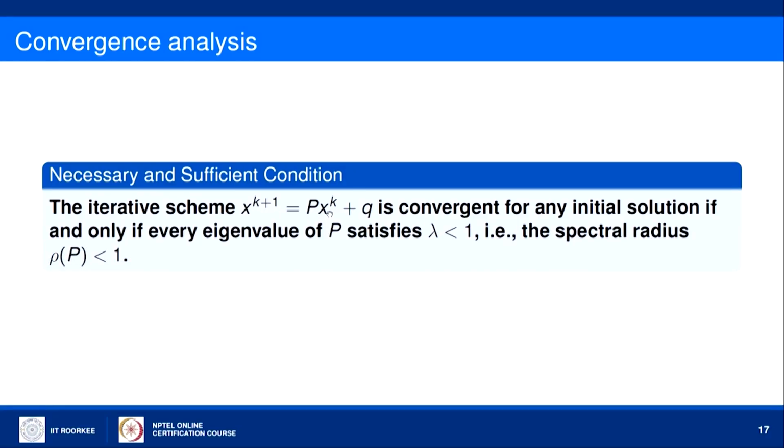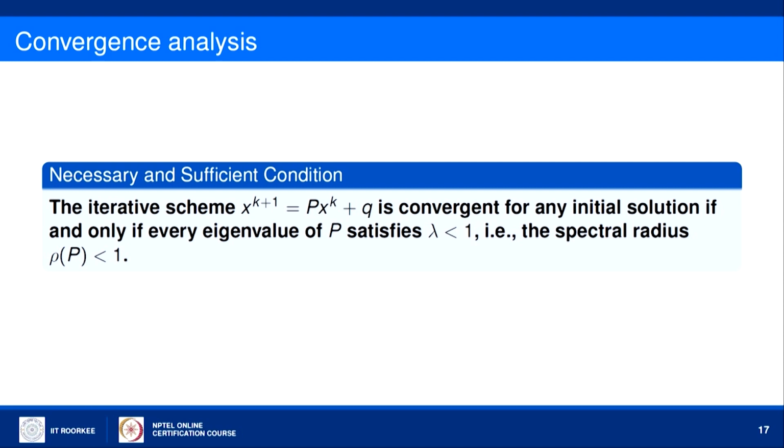Now, we will write the necessary and sufficient condition. The iterative scheme x_(k+1) equals P x_k plus q for solving a linear system Ax equals b is convergent for any initial solution if and only if every eigenvalue of P satisfies the magnitude of lambda less than 1, meaning every eigenvalue of P is less than 1, or in other words, the spectral radius of P is less than 1.